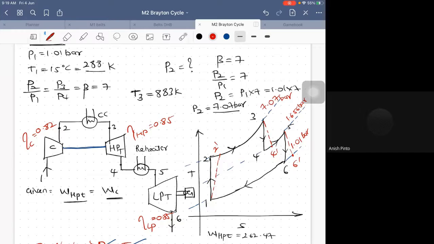Only there is a requirement of calculation of T6 dash, right? Am I right? Yes. Okay, very good.